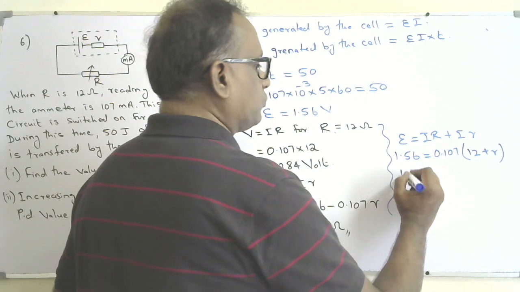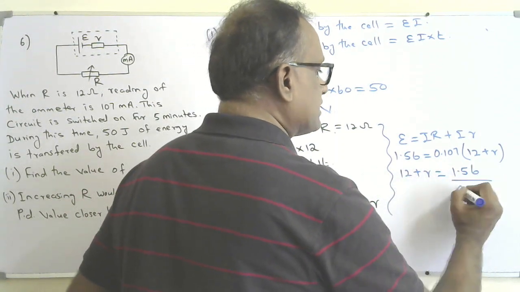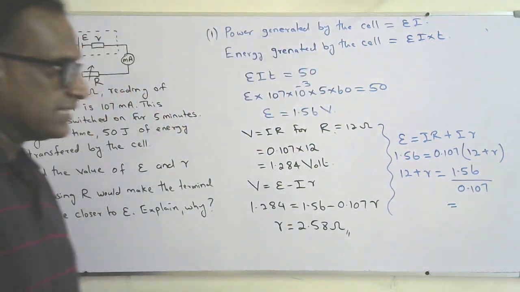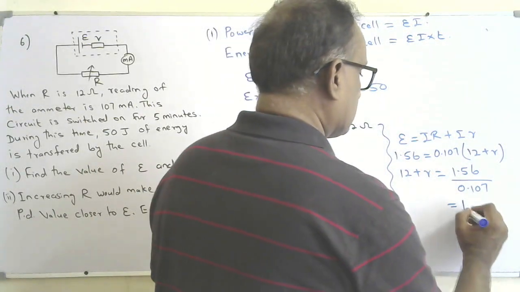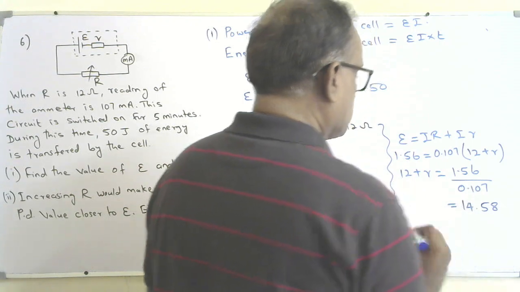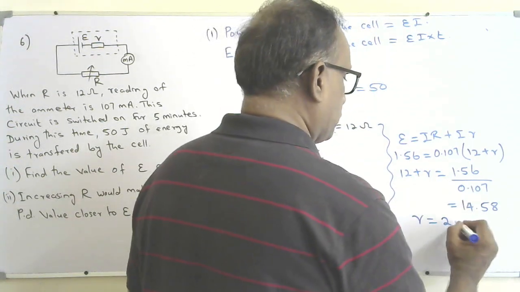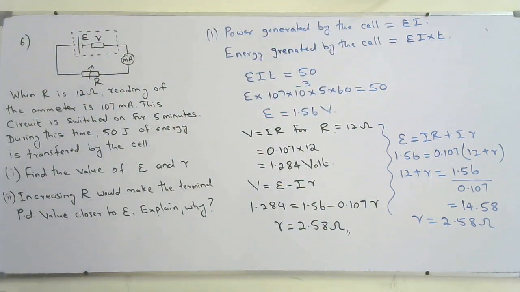So find the value of 12 plus r equal 1.56 divided by 0.107. Find it and hence find the internal resistance. That will be 14.58. So r will be 14.58 minus 12, so 2.58 ohms. Same answer, you get it. Either way you can do.